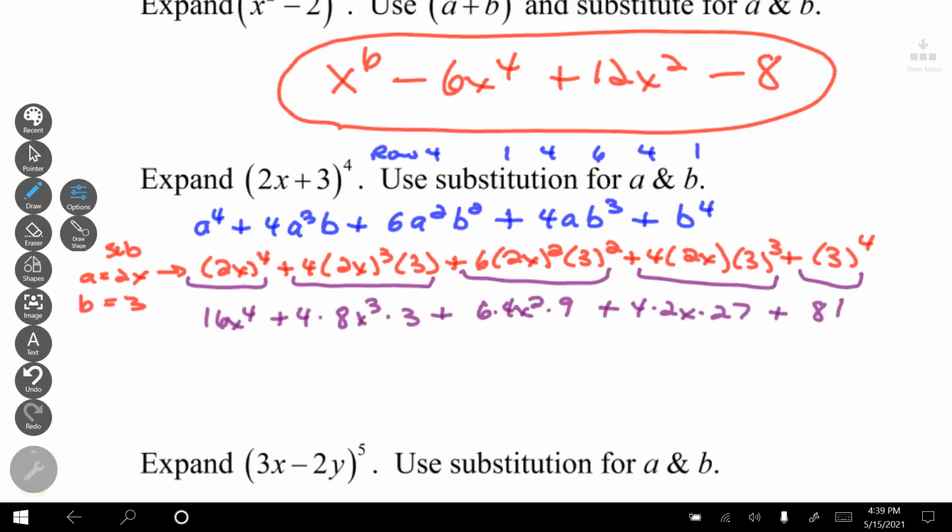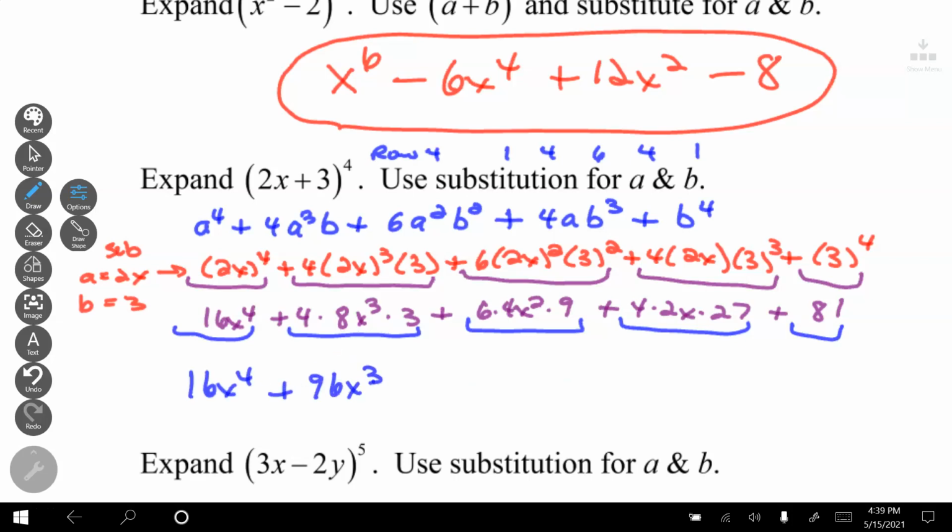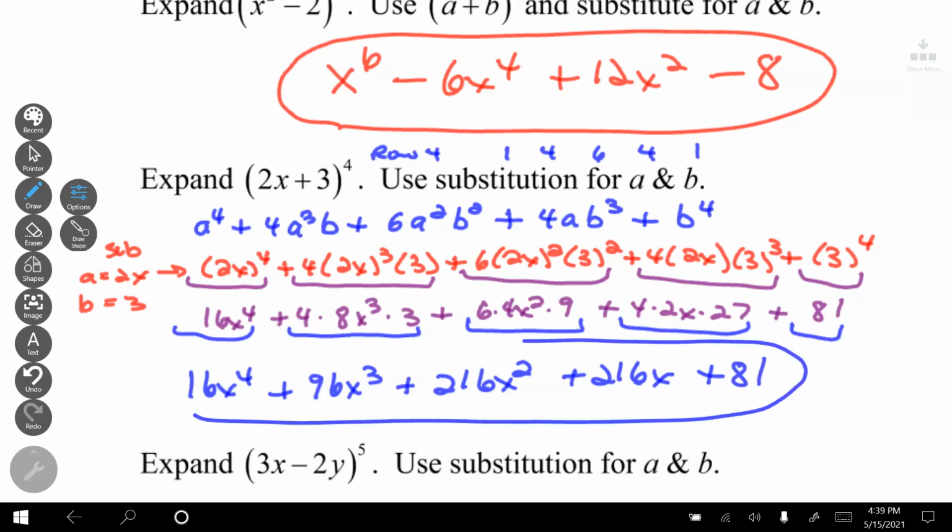And now that I've gotten rid of the parentheses, I'm going to do each of these terms and multiply them together. 16x to the 4th plus 96x cubed plus 216x squared plus another 216x plus 81, and this is your final result.